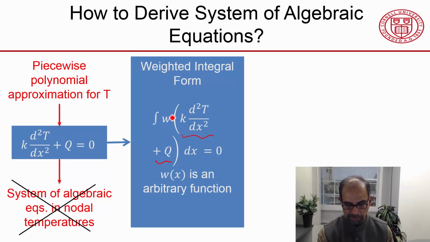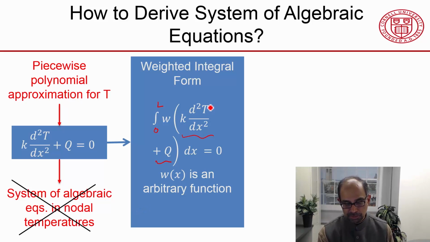So you take the differential equation, you multiply it by a weighting function, okay? And that weighting function is an arbitrary function. And you integrate it over your domain, so in our case from 0 to L, and that should be 0. The exact solution is going to satisfy that for any arbitrary W, and it's also going to satisfy that.